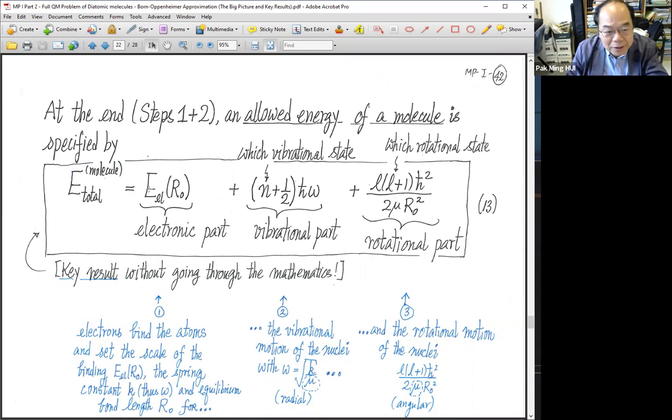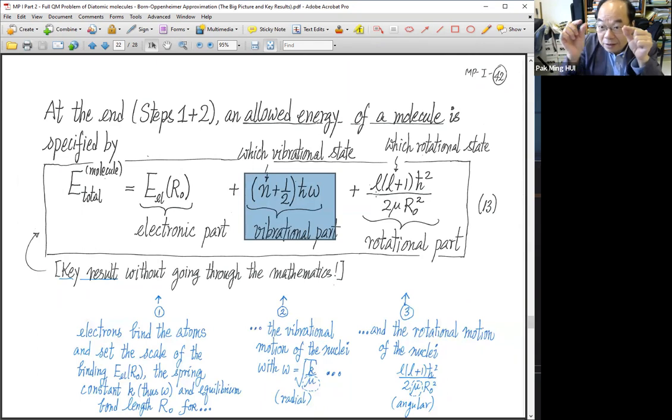The first part has to do with what the electrons contribute. Basically, it is the bottom of the binding curve, one number. Then the vibrations of the 2 nuclei will give a vibrational part of the energy.